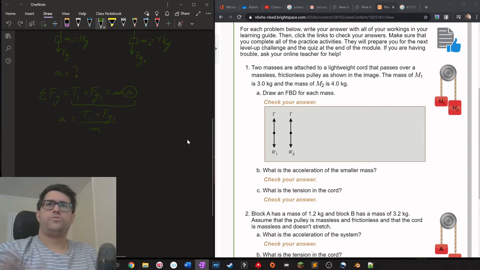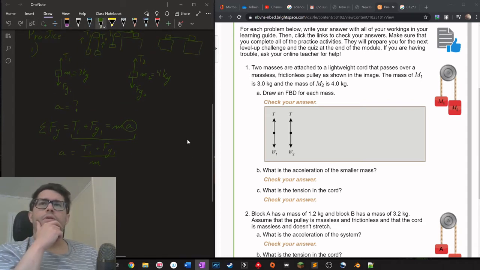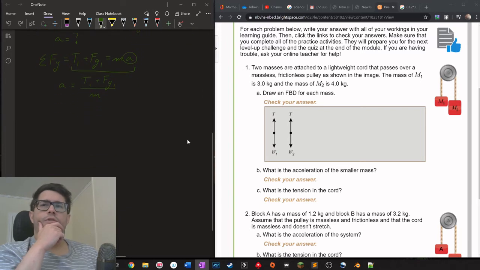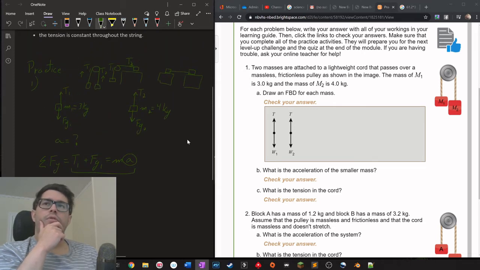In other words, is it safe to assume that T1 is equal to T2? That this T1 is equal to this T2? I assume so.